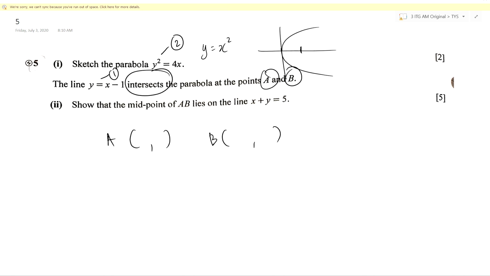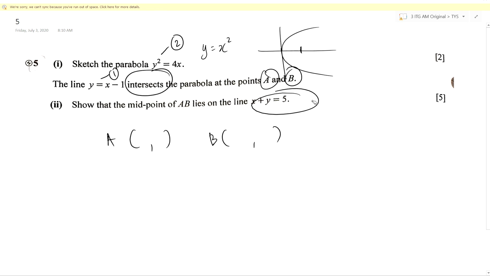Show that the midpoint of AB lies on the line. How to show a midpoint lies on this line? Is the question trying to tell us that this is the equation of AB? No. That's not what they're telling us.